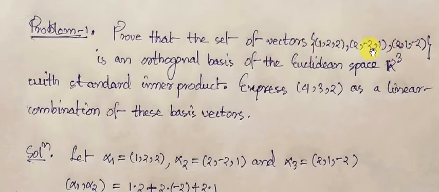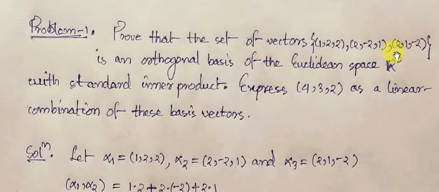That means this is a set of 3 linearly independent vectors, and R3 being a vector space of dimension 3, of course this would be a basis for R3.